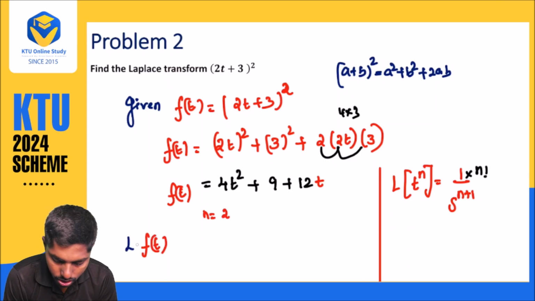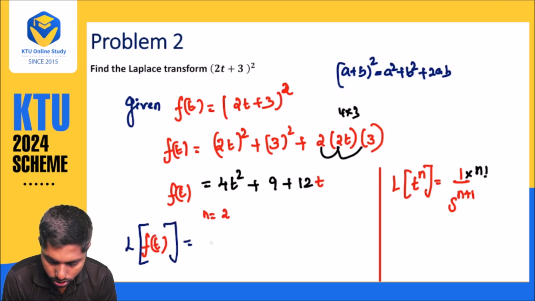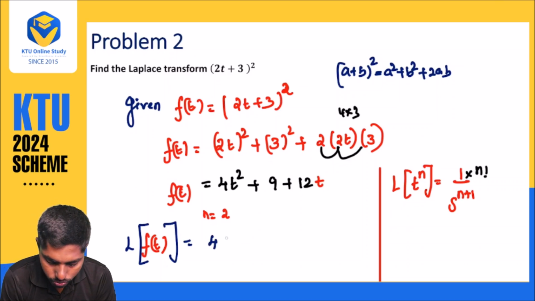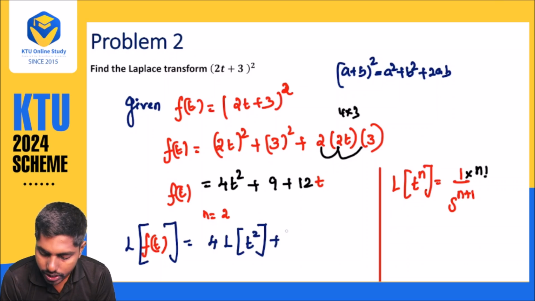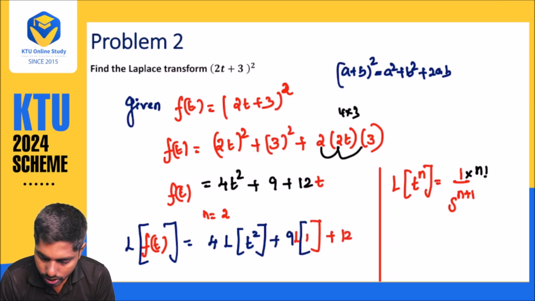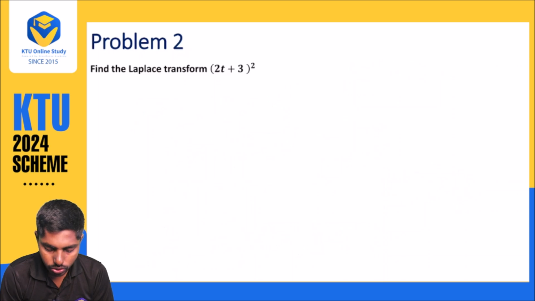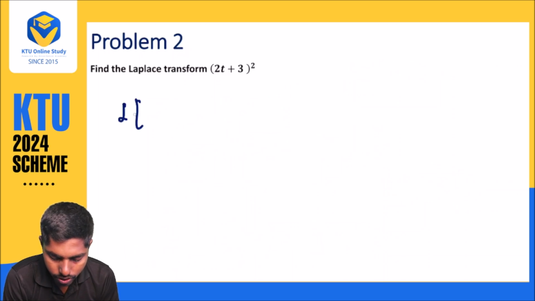So Laplace of f of t is equal to 4, I am taking outside because it is constant, L of t square, plus 9 L of 1, plus 12, I am taking outside, L of t. So what will happen?